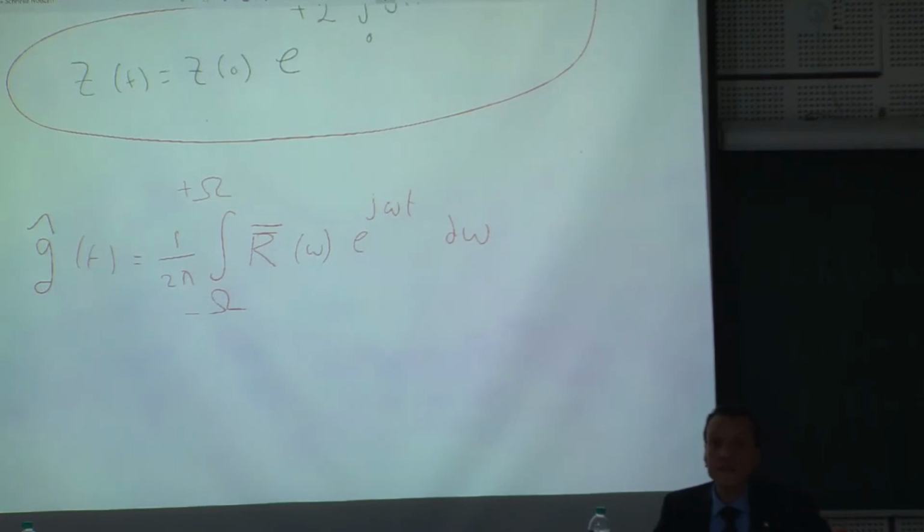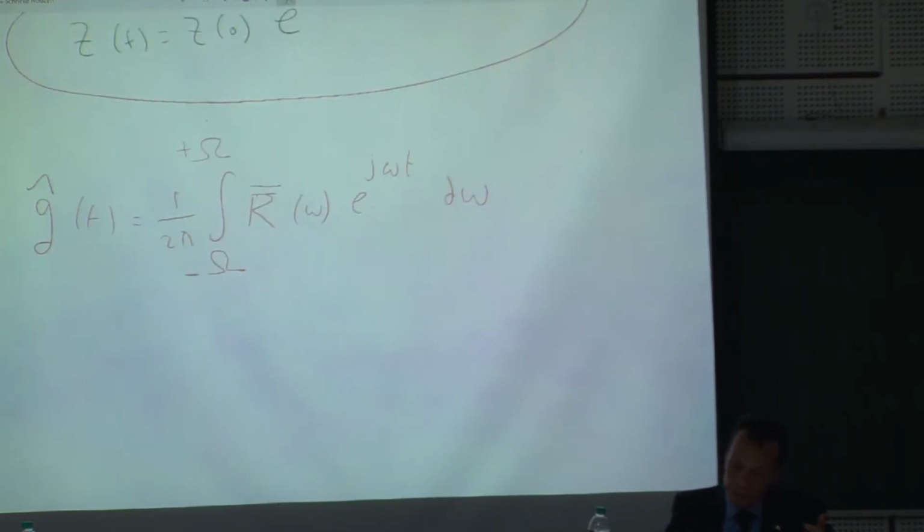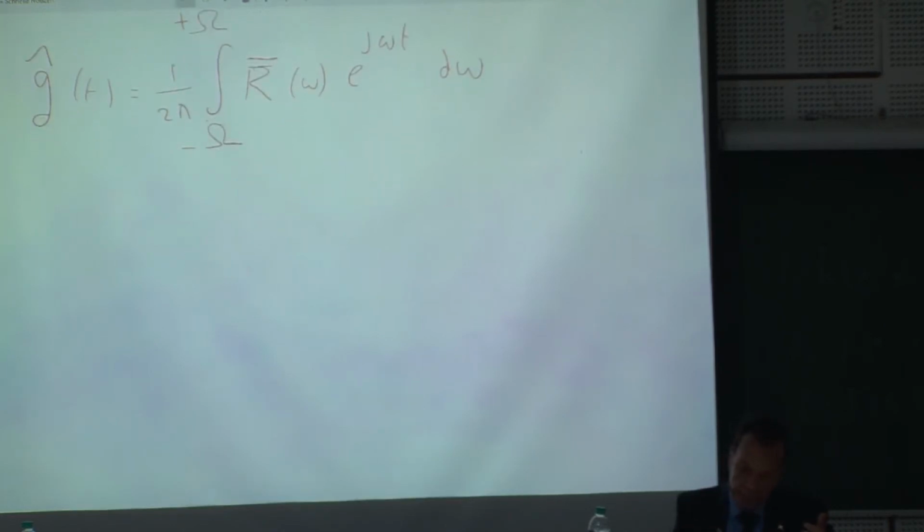Okay, now the logical question is, what is the relation between g hat, which I constructed here based on band limited information or reflection coefficients, and the original image g of t? So you may make some simple substitution. You say g hat of t is 1 over twice pi integral from minus omega to plus omega e to the minus j omega t d omega, and I will write down r in terms of its original expression.